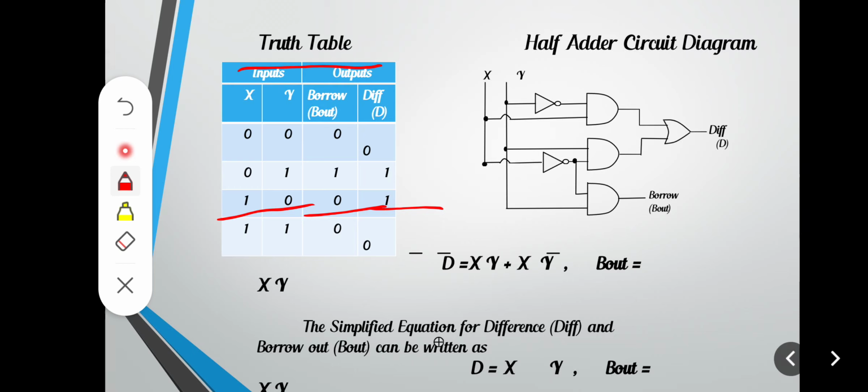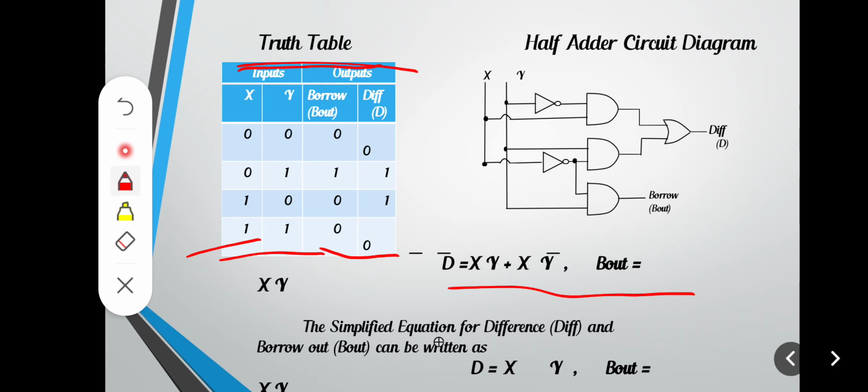And similarly, in the fourth case, this 1 minus 1 is equal to 0, that means both difference and borrow output are 0. So this is the truth table of subtraction.